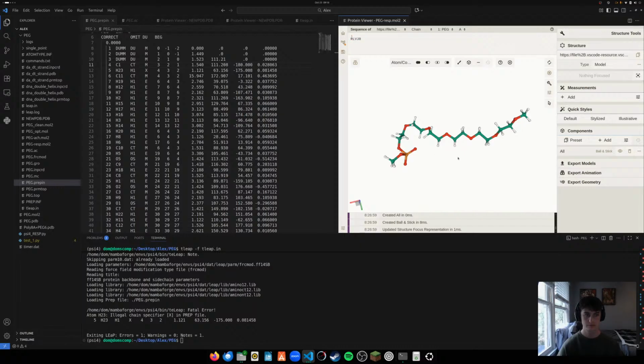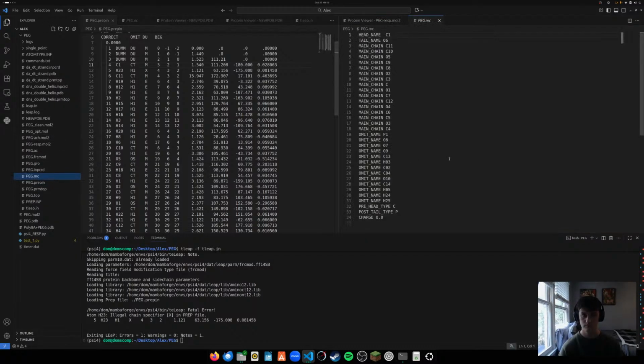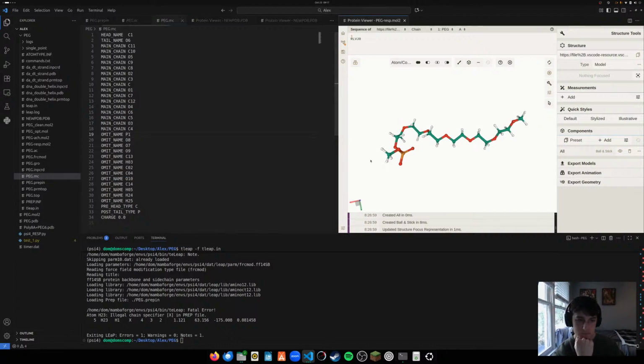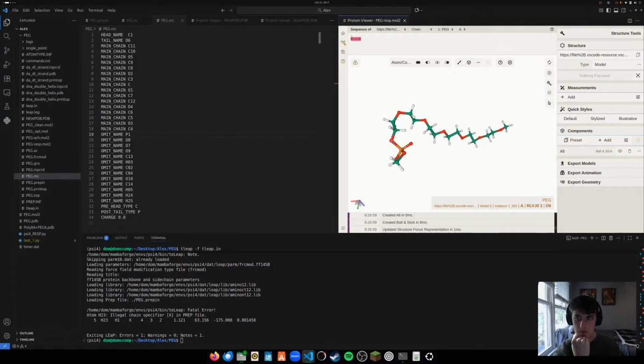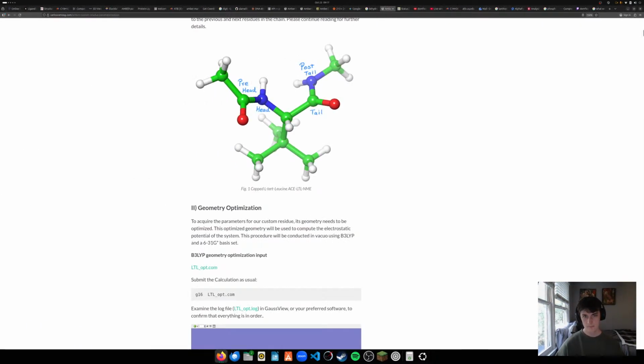C1. H23. C11. So weird. This one stays. Tail, post tail.